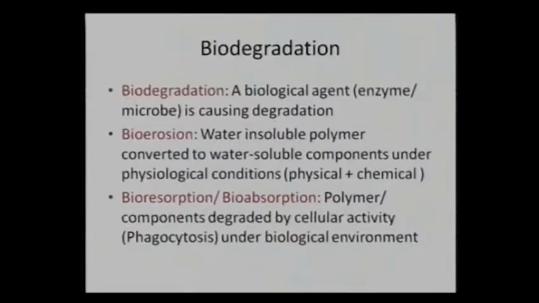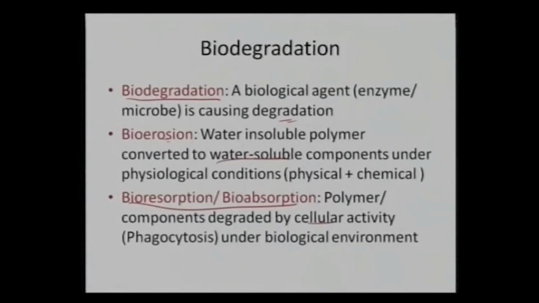One can be biodegradation, which requires an enzymatic activity or a microbe activity to cause the degradation. It can also be bioerosion, which is a combination of physical and chemical activity causing the degradation of a particular polymer. Otherwise it can be bioresorption or bioabsorption, in which the component is degraded by cellular activity such as phagocytosis.